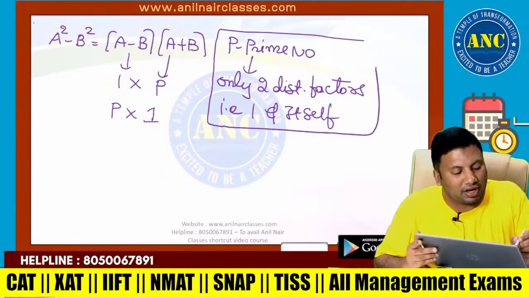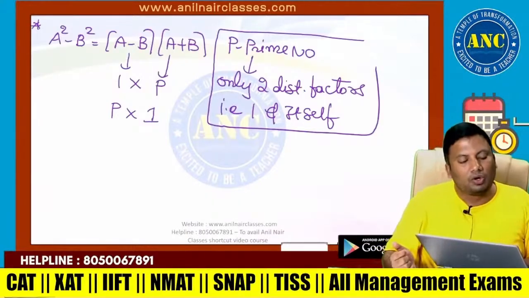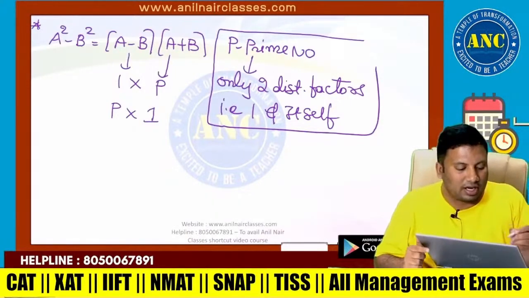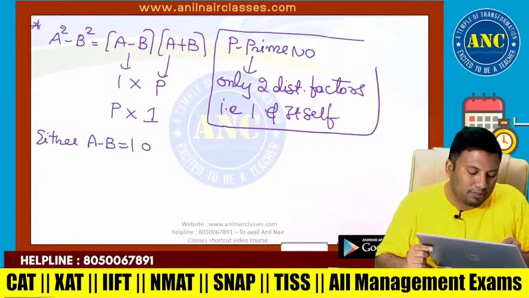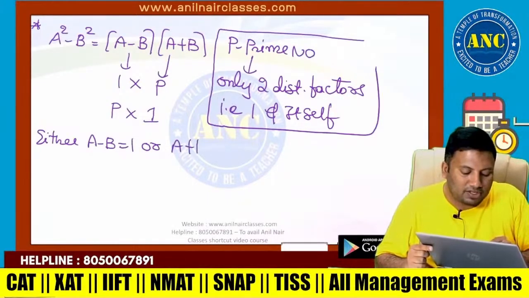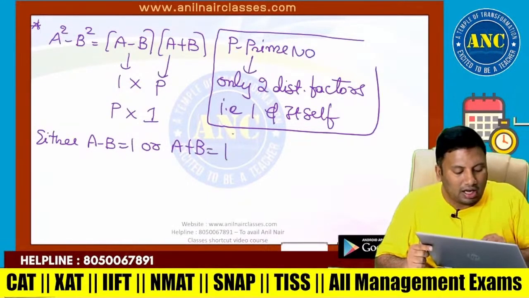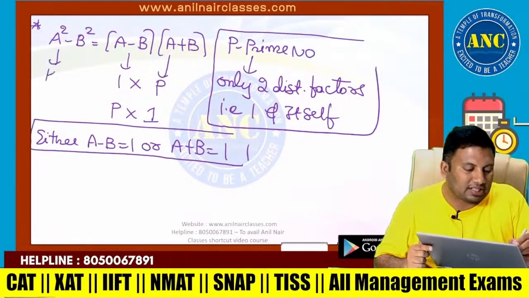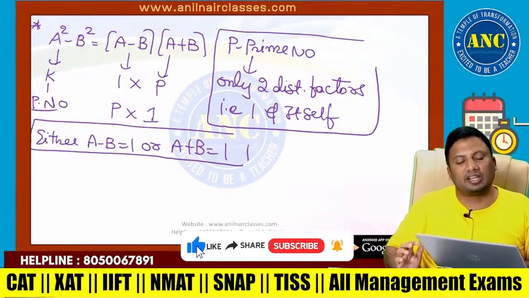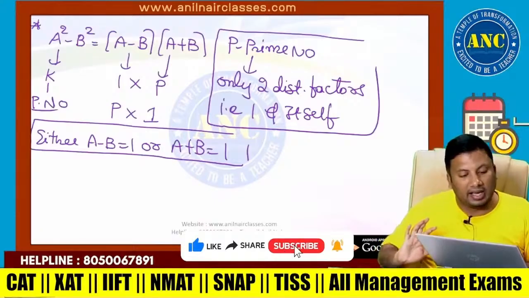So in case you are writing any number as a square minus b square, either a minus b should be 1 or a plus b should be 1 for the left hand side to be a prime number. Is the idea clear?